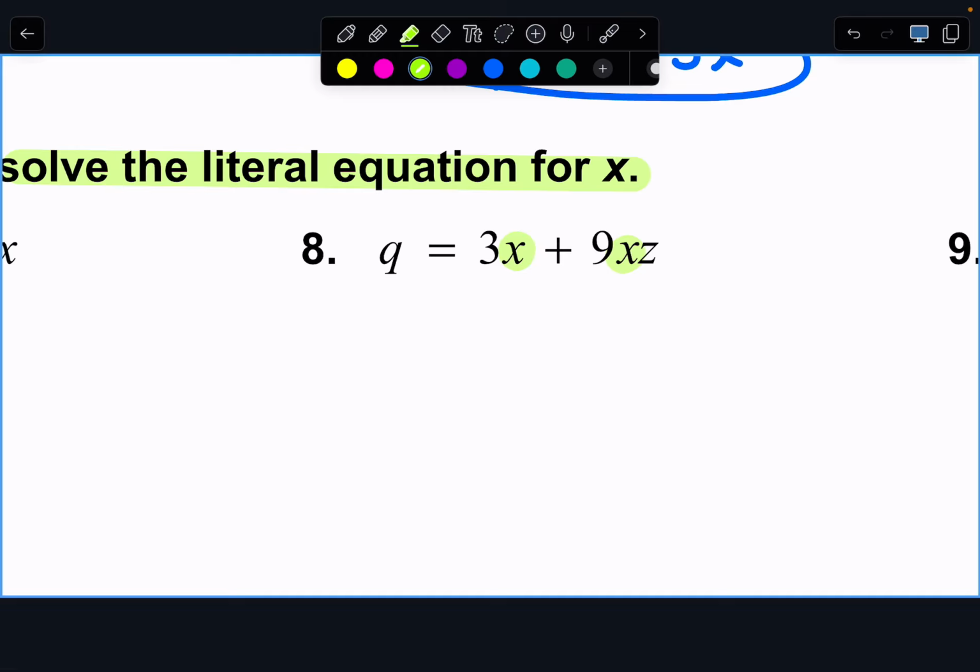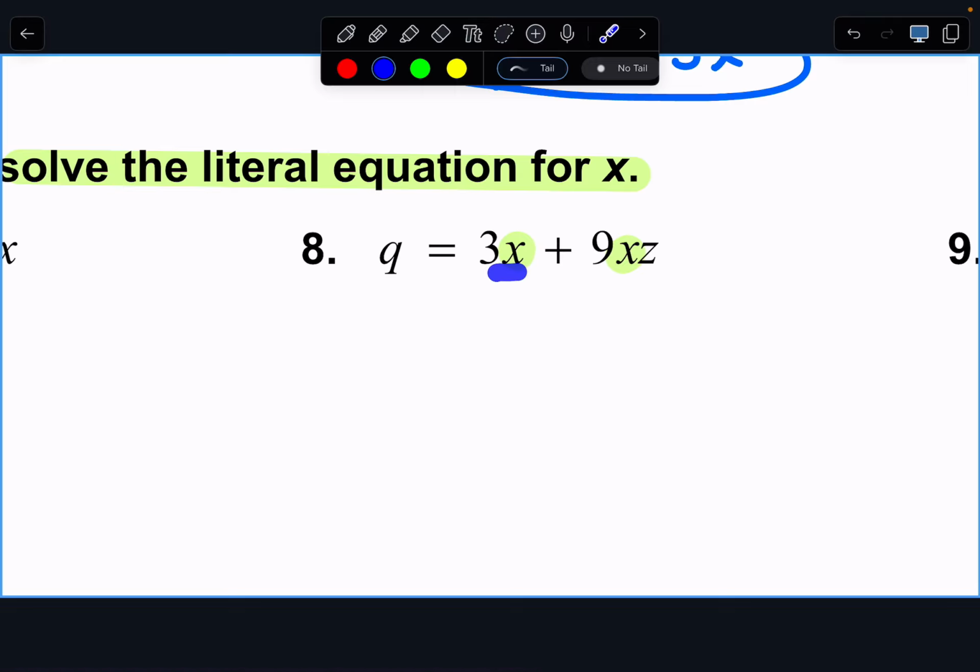Okay, thank you, whoever pointed that out. Lucy pointed out that this is 3x, but this is 9xz. So we cannot combine like terms because they're not like terms.